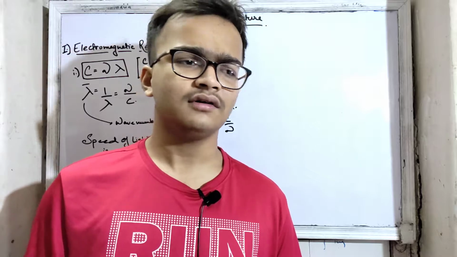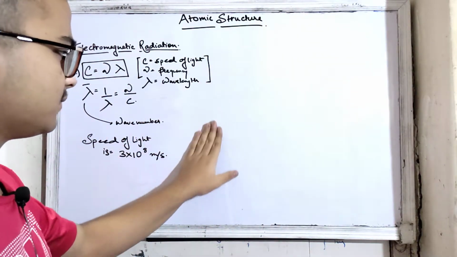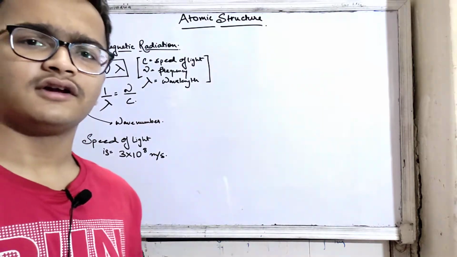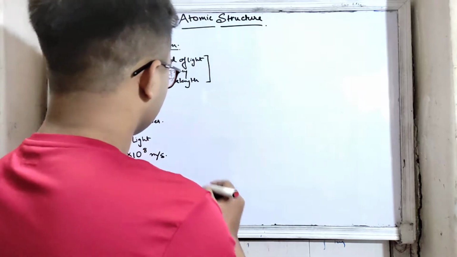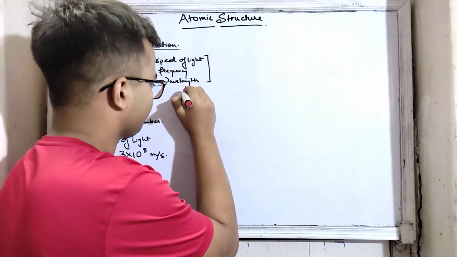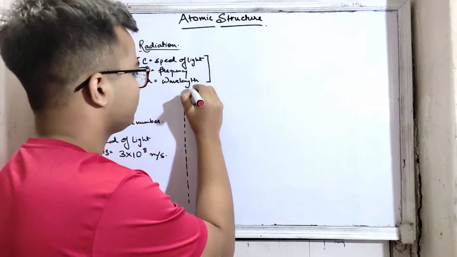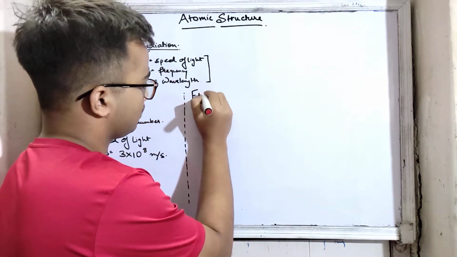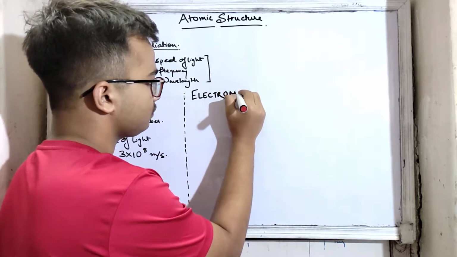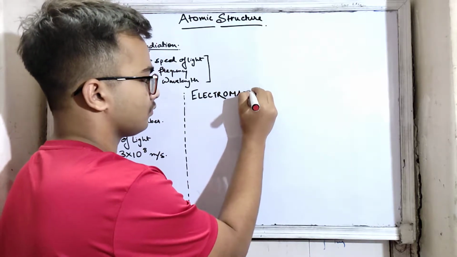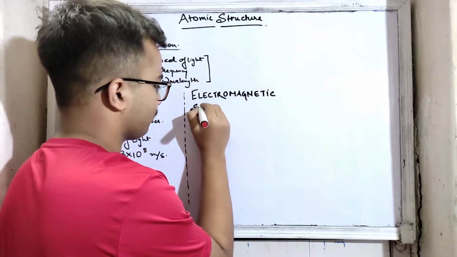Now we come to the second portion. This is a theoretical part which you have to remember, that is the electromagnetic spectrum. So let's make a partition over here. Give a heading: Electromagnetic spectrum.